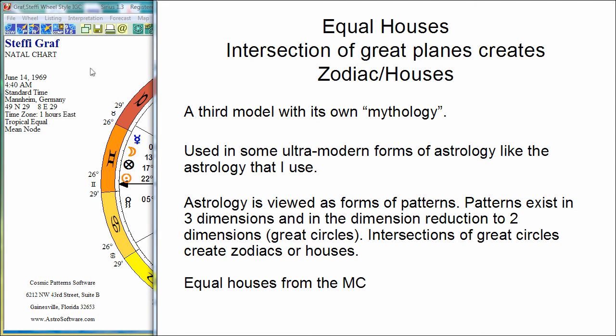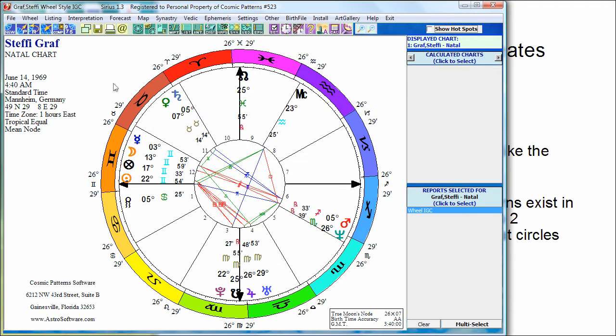create zodiac houses. So the interesting thing is that our tropical zodiac, this zero Aries point, is where one great circle, the ecliptic plane, intersects another great circle, the equatorial plane, and the ascendant is where the ecliptic plane, which is one great circle, intersects another great circle, the horizon plane.